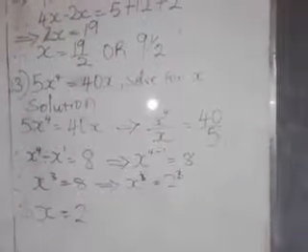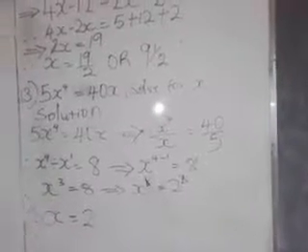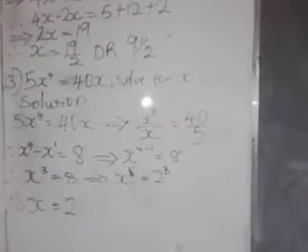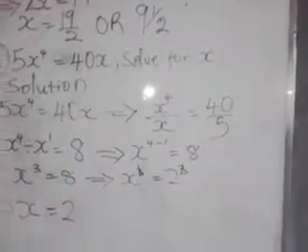You see, I just change it in such a way that when I cross multiply it, I will come back to where I started. Not 5 over 40, but 40 over 5, so that when I cross multiply, I will still get the same thing.